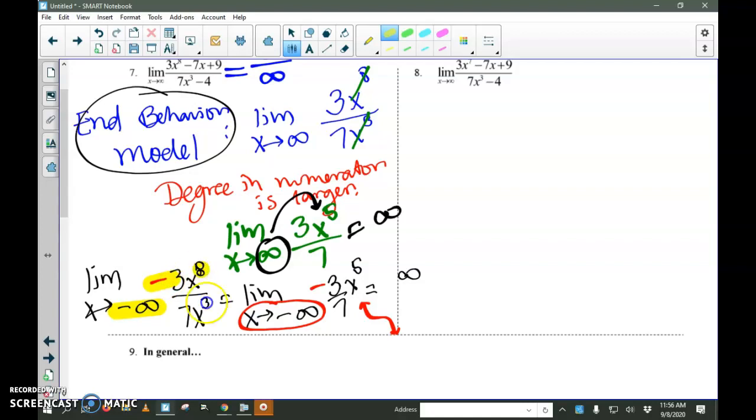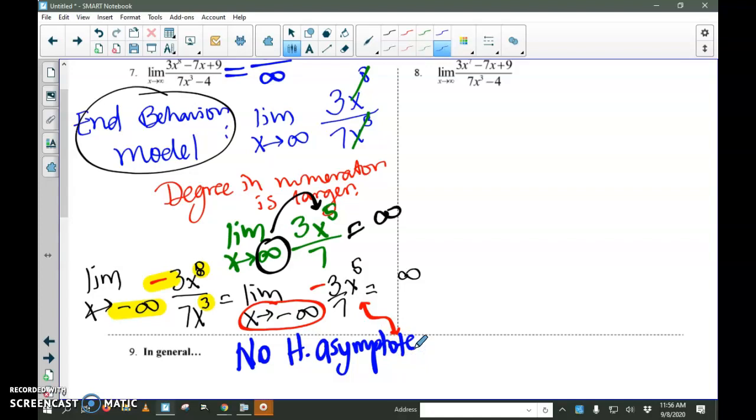You have to pay attention to the degrees of the leading terms and what the end result's going to be. So when the degree in the numerator is larger, I just want to summarize this here real quick. We're going to say that there's no horizontal asymptote. There is no y equals some specific number, not approaching a specific y value.